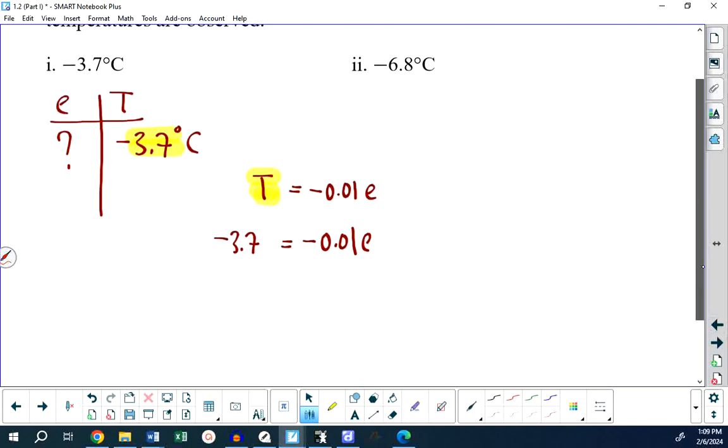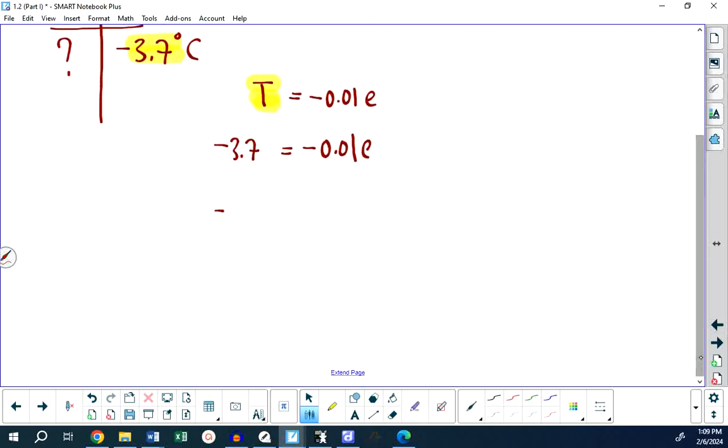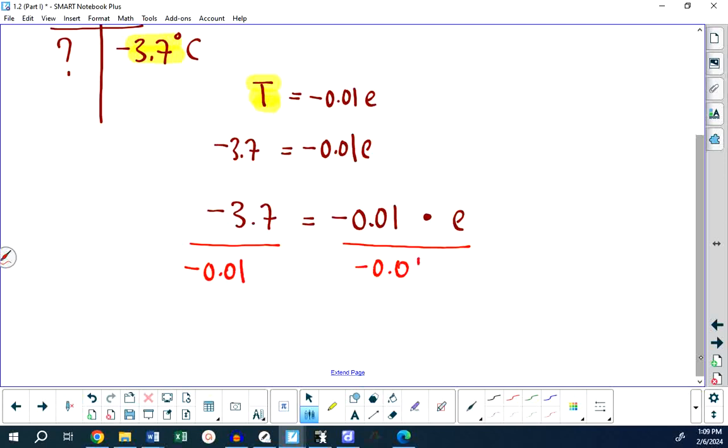Because when we have this formula of negative 3.7 equals negative 0.01 multiplied by, sometimes we use just a dot for multiplication, E, and I want to get E by itself, I have to divide both sides by negative 0.01 to get rid of that negative 0.01.